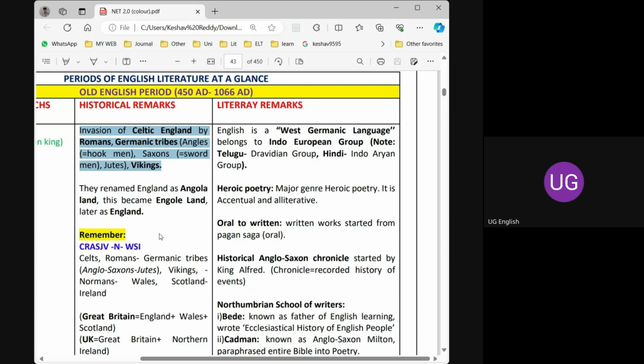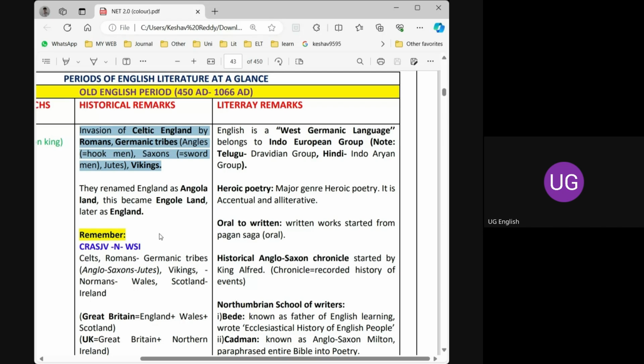Now we are calling it England. This Angola land was invaded by several Celtic tribes. Actually, Romans invaded this country. Celts, Romans, Germanic tribes, Vikings, Normans, and several other tribes invaded England.